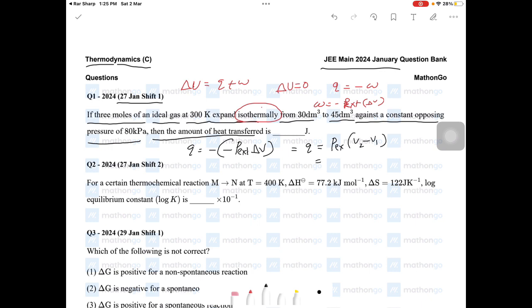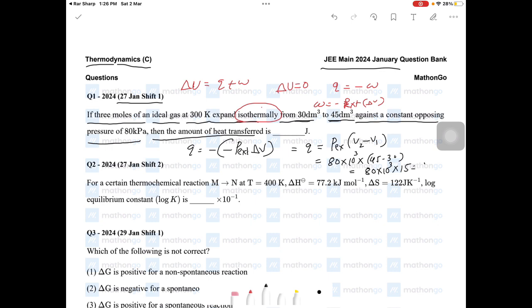External pressure they gave is 80 kilopascal, converts to pascal by multiplying by 1000, into V2 minus V1. V2 is 45, V1 is 30. 45 minus 30 is 15. Then it is equal to 80 into 10 to the power of plus 3 into 15.